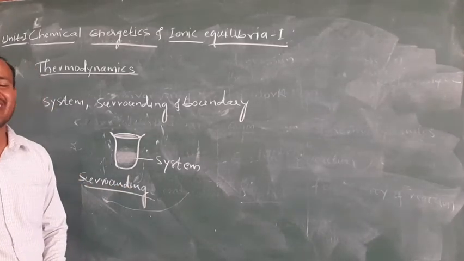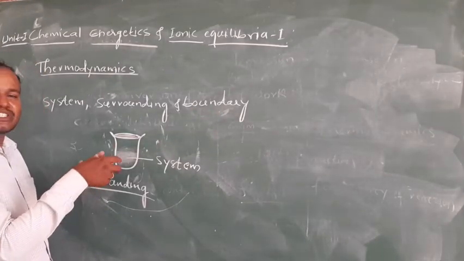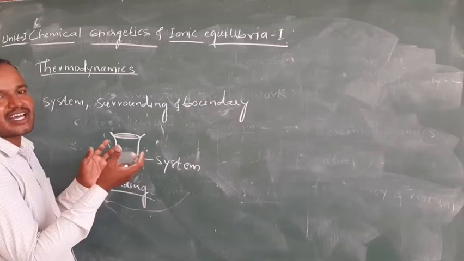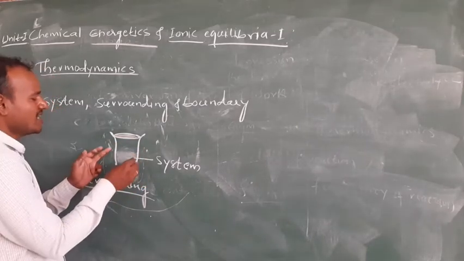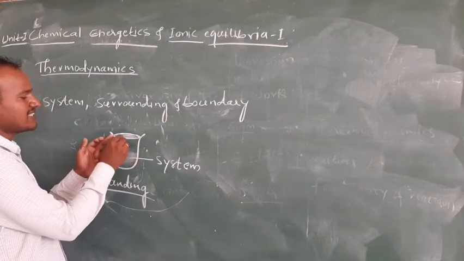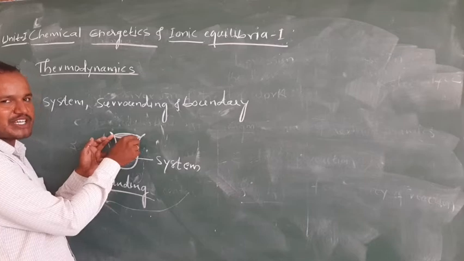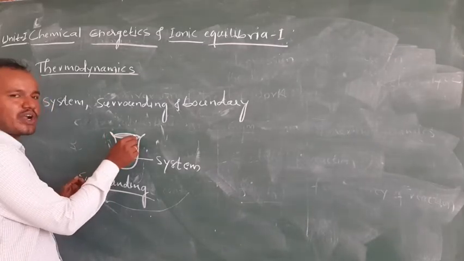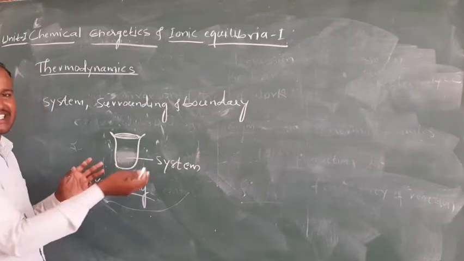Then what is a boundary? A boundary is sometimes imaginary, sometimes real. Here the boundary is real, because this is a conducting part and this beaker is a closed vessel, closed with a watch glass, so this is called a boundary. This boundary now really exists.